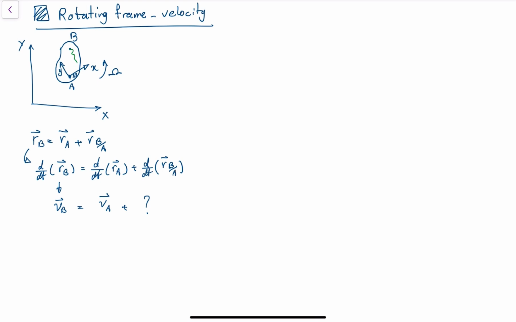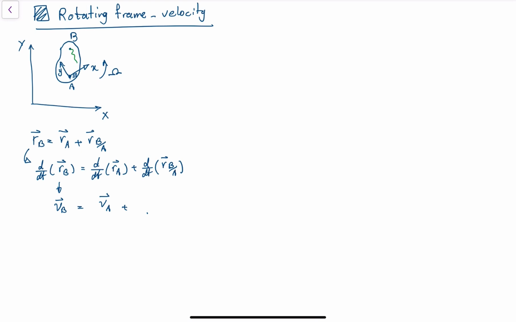I'm not going to derive it, but note that if point B is a fixed point in space, as the observer A moves around and turns and rotates, we are going to see some velocity, and that must be compensated by this last term.